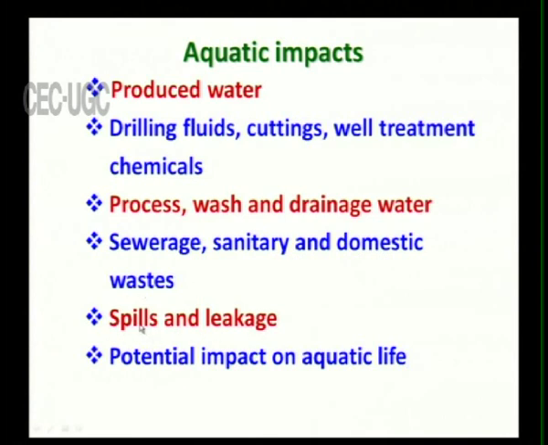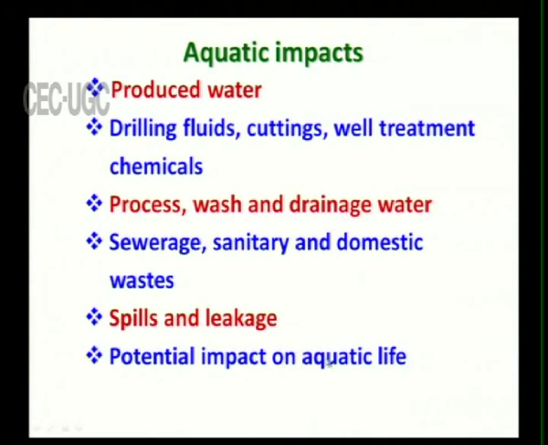Actually, out of all this, it is the spills and leakage that cause the major damage. For example, when the oil is transported through ships or train, a lot of spillovers happen, and that spreads to the whole marine ecosystem, totally affecting the oxygen content, creating severe damage to the marine or aqua ecosystem and the potential impact on aquatic life.